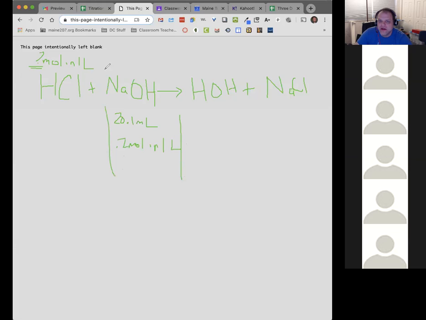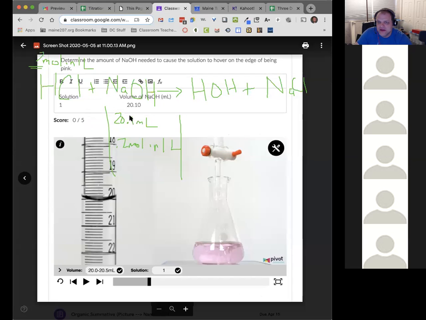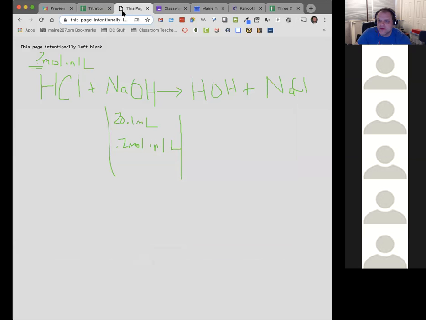And then over here, the HCl, well, if I go back and look at my data, we said that it was 30 milliliters of the HCl. Okay. So we can make this into a for every statement, compare it against this, and then we know the number of moles of NaOH.